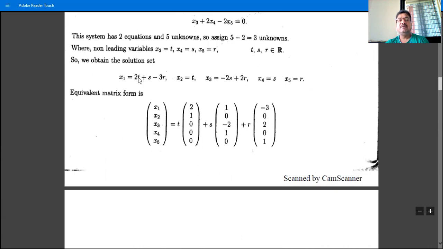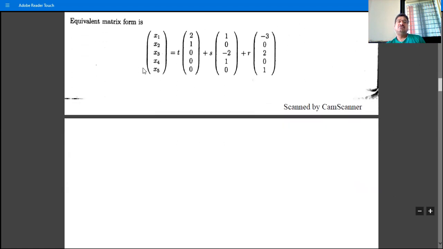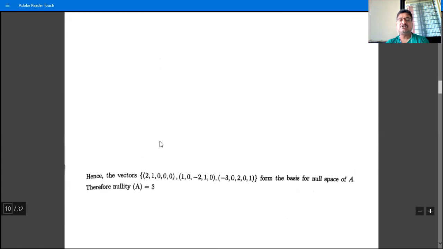So what is the coefficient of t? 2, 1, 0, 0, 0. Then the coefficient of s: 1, 0, minus 2, 1, 0. And the coefficient of r: minus 3, 0, 2, 0, 1. Okay, so we have the solution in the matrix form.